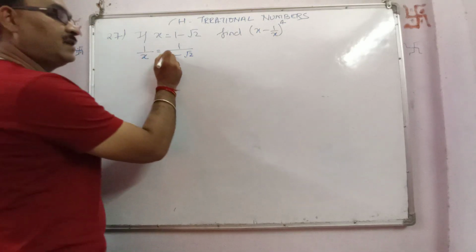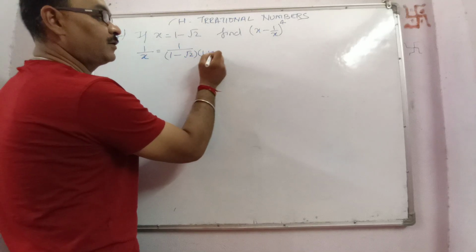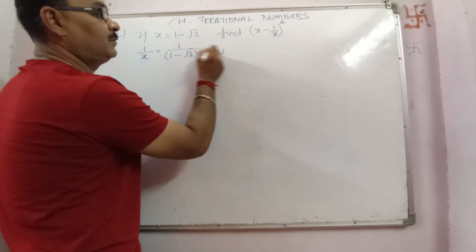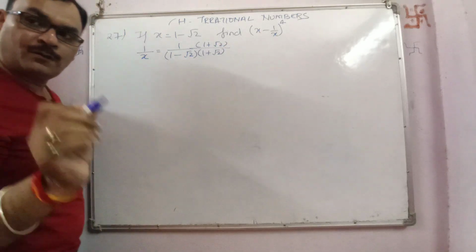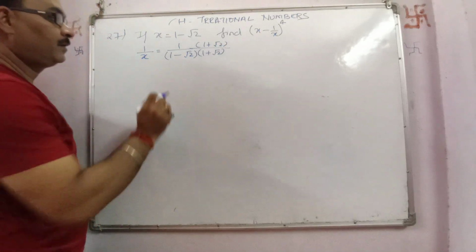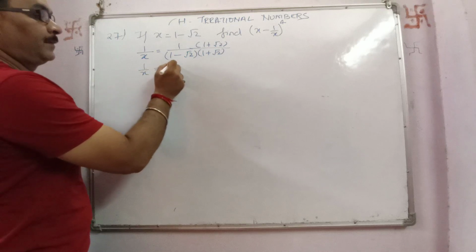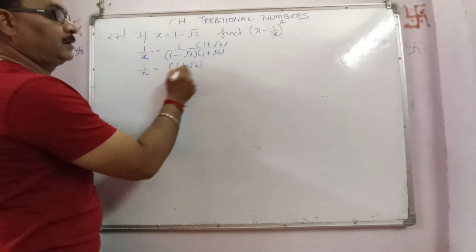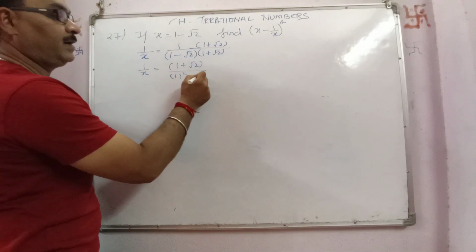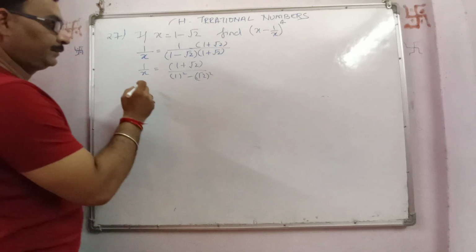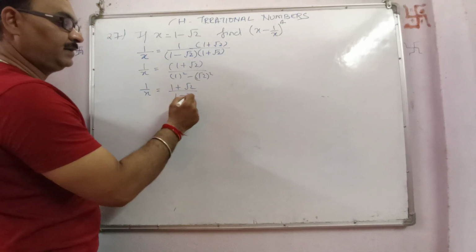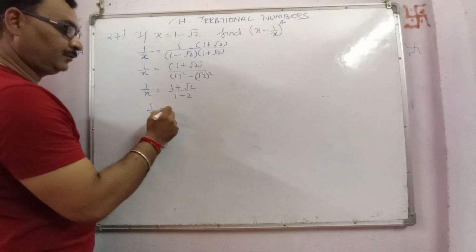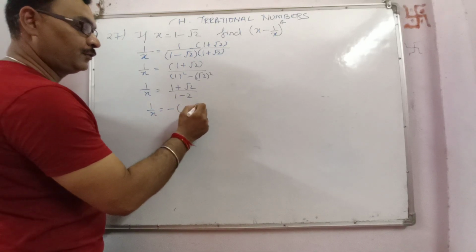We will be rationalizing the denominator, and the rationalizing factor of 1 − root 2 is 1 + root 2. So multiplying both numerator and denominator by 1 + root 2. Here the difference of squares, 1² − (root 2)². So 1/x is equal to (1 + root 2)/(1 − 2), or 1/x is equal to −(1 + root 2).